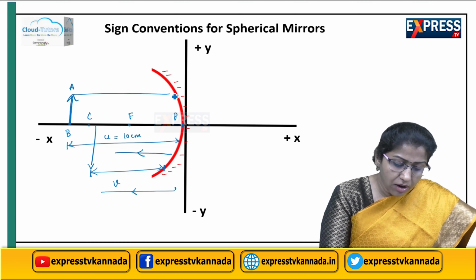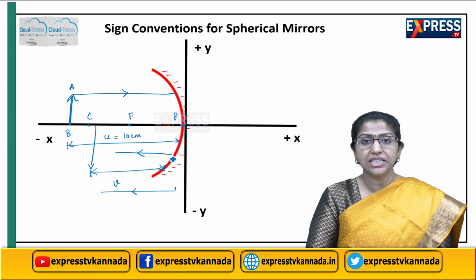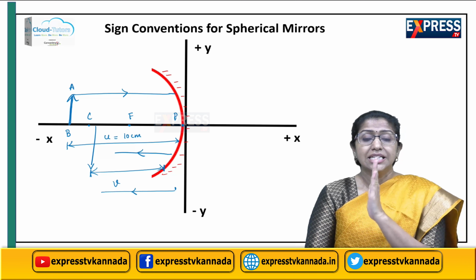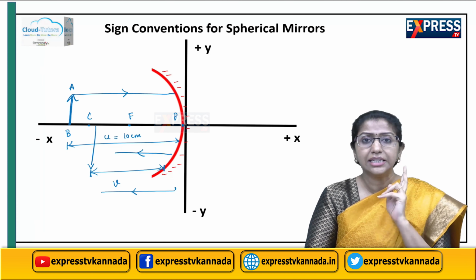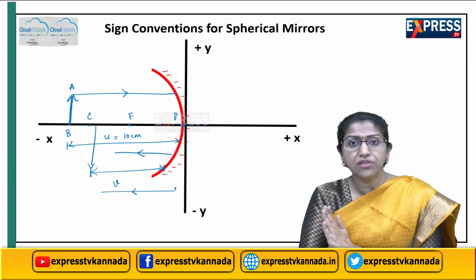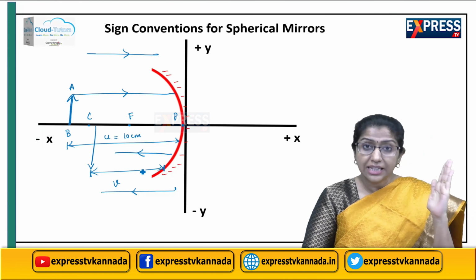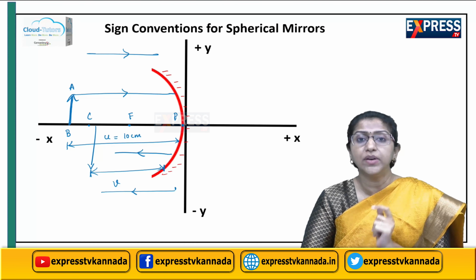If I draw an incident ray like this, its direction is from my left to right. The second rule of sign convention is that all the distances measured in the direction of the incident ray, that is left to right, have to be taken as positive.